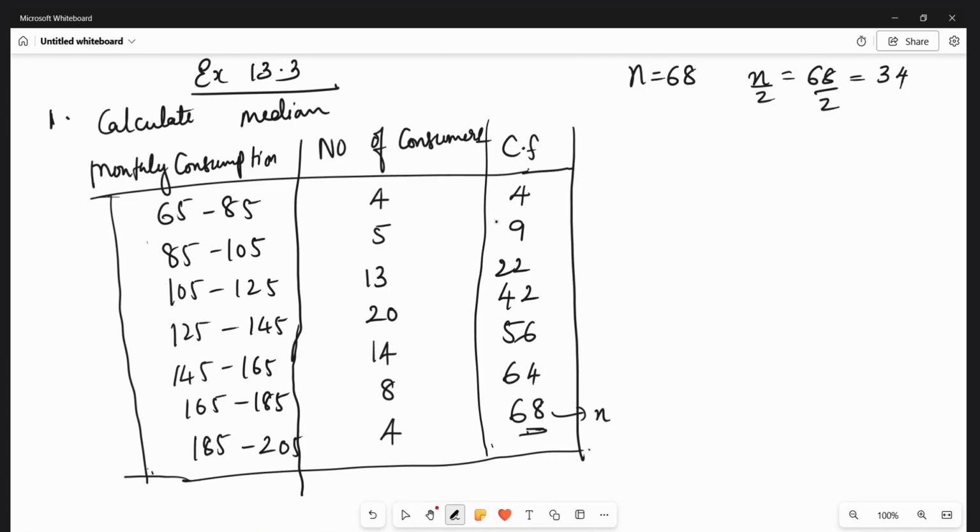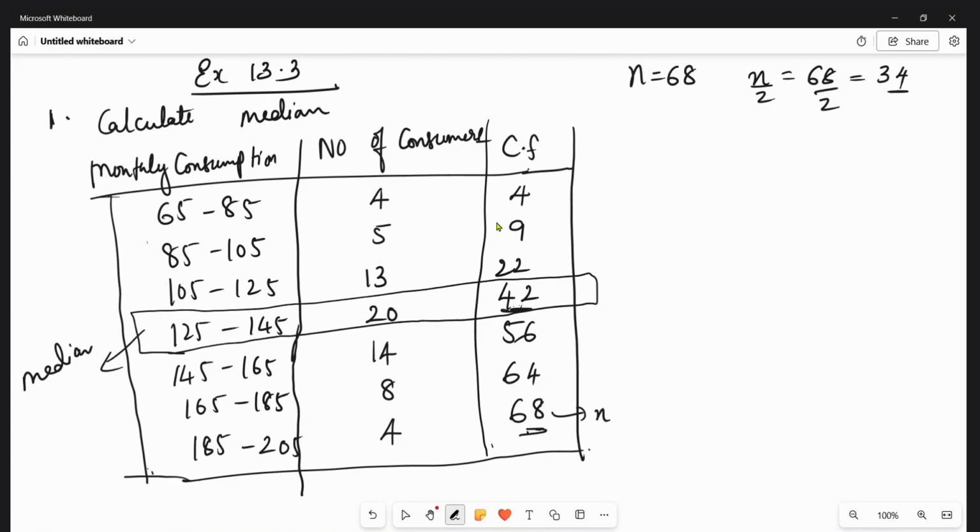So wherever you get the CF just more than n by 2, take it. 34 is here, and here it is 42. So this is the median class.